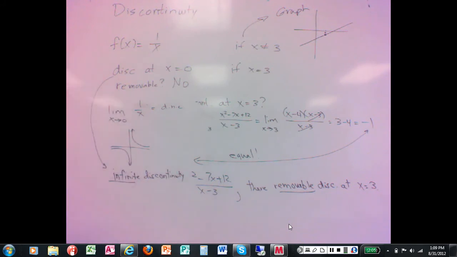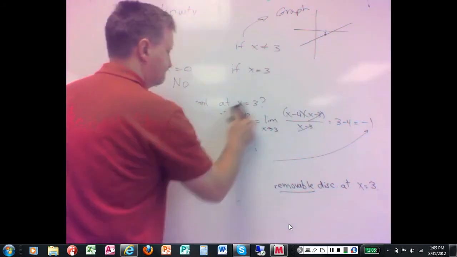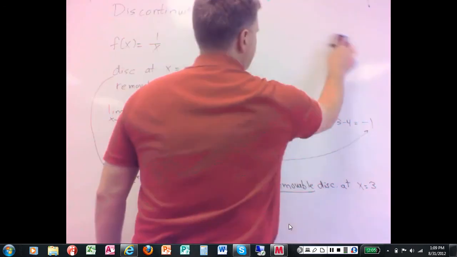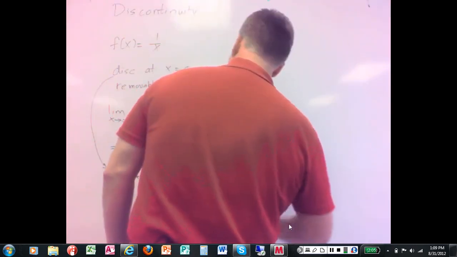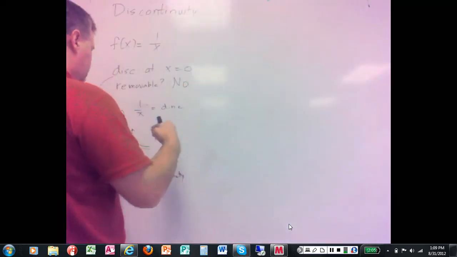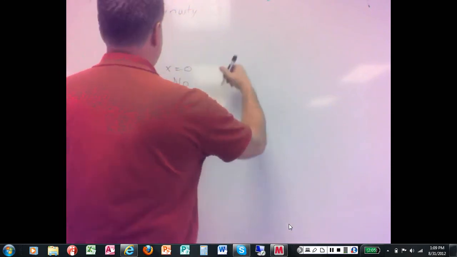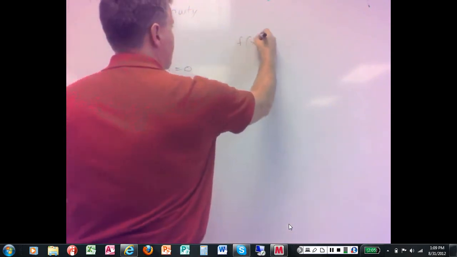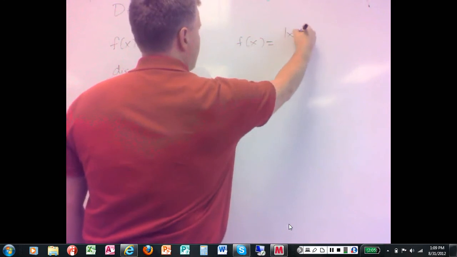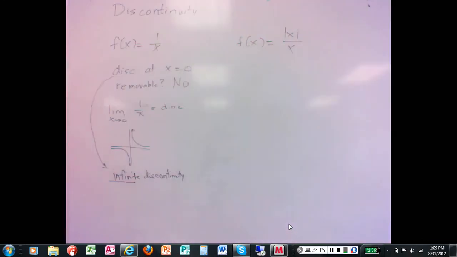Because, yeah, you've got infinity limits on either side there. Well, negative infinity and positive infinity. One other type. So that's infinite discontinuities. Removable, infinite, and it's a non-removable one.